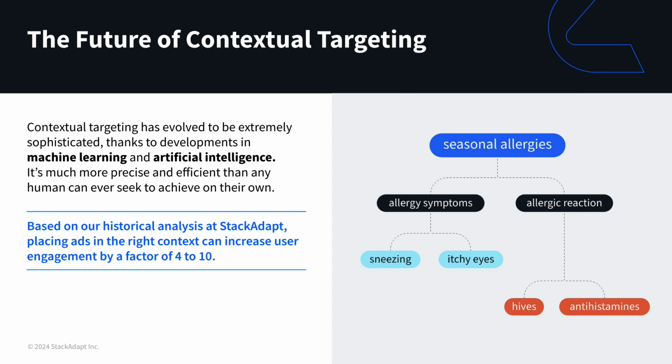So for example, if someone is reading a blog about coffee, then we can target them with ads that are talking about coffee machines or specialty coffee beans, because it is more likely that the user will be engaging with coffee-related products at the time.